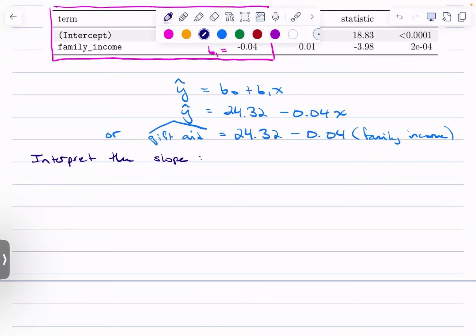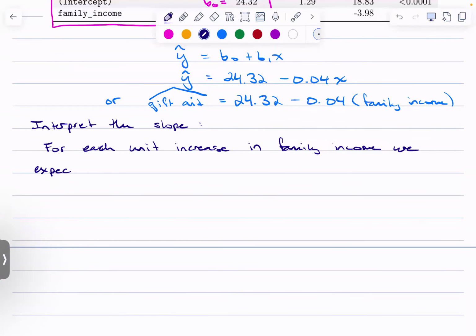For each unit increase in family income, we expect a negative 0.04 unit increase, or if you prefer, a 0.04 unit decrease.